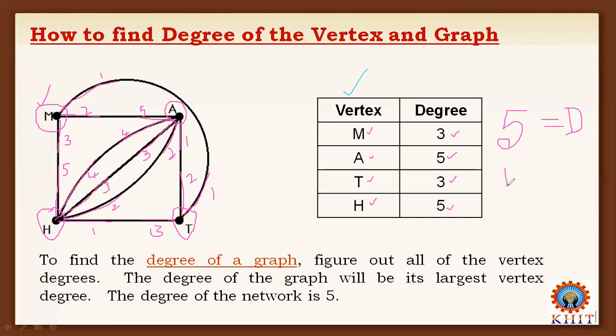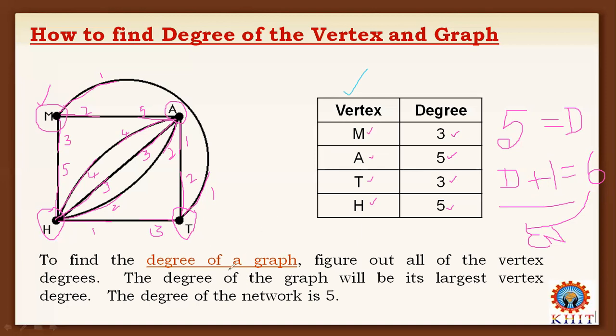Here D plus 1 number of colors are required to color the graph. That means the total number of colors required to color the given graph is 6, which is represented as the chromatic number.